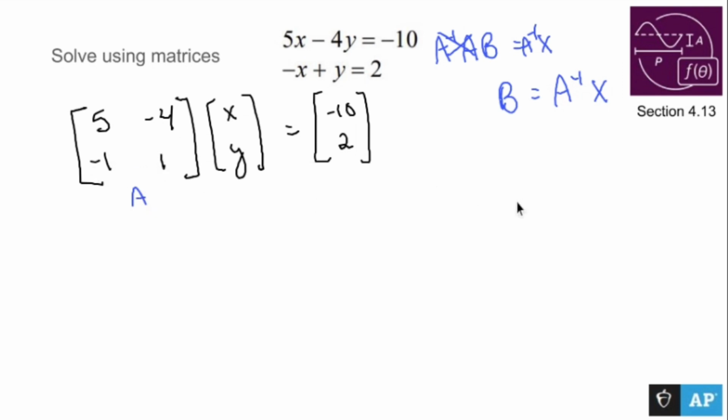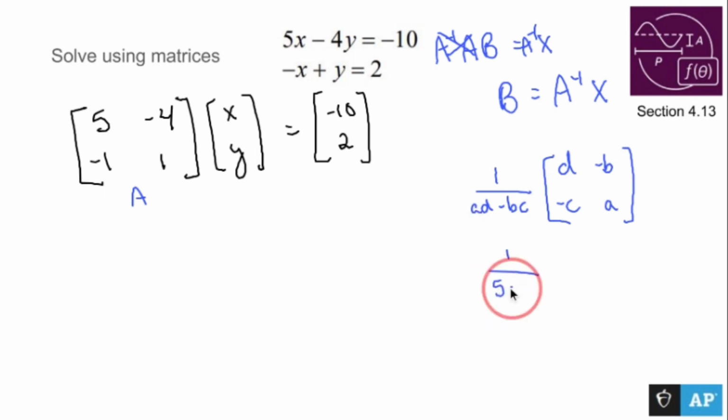So the inverse is found by taking 1 over the determinant, which is AD minus BC, and you multiply that by the matrix where A and D are flip-flopped and B and C are opposite. So the inverse of A is going to be 1 over A times D, which is 5 times 1, minus B times C, which is -4 times -1.